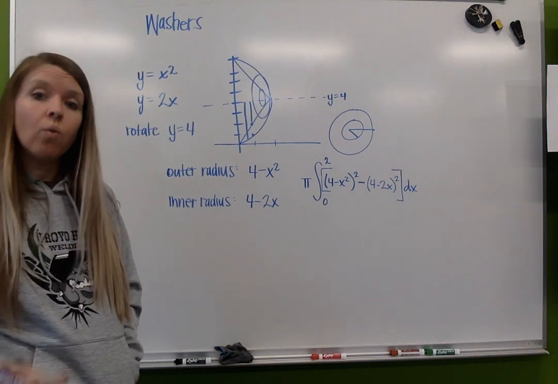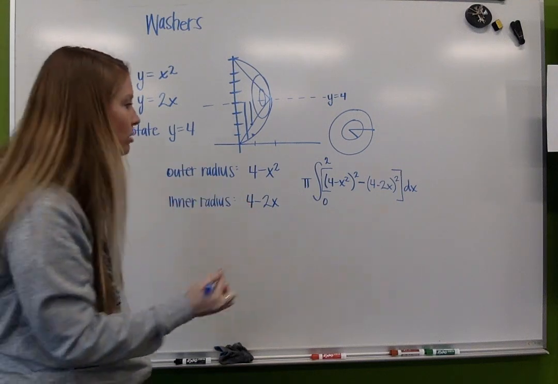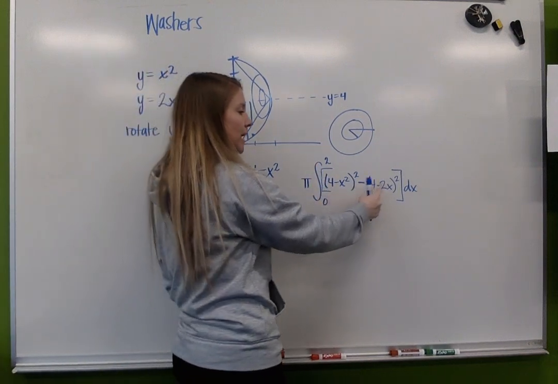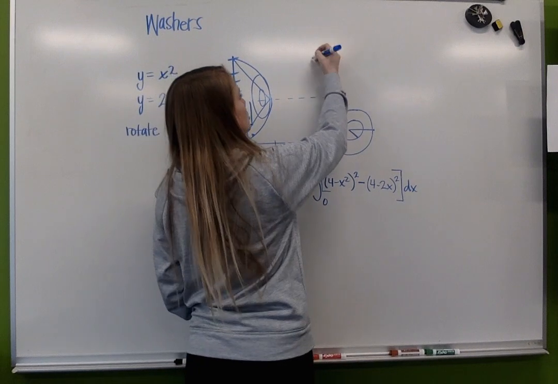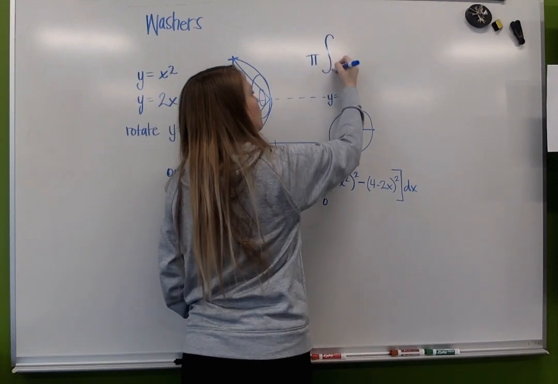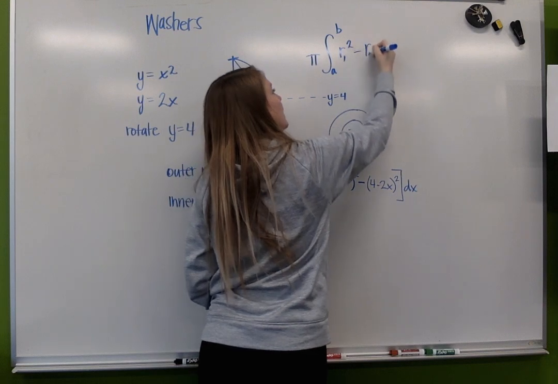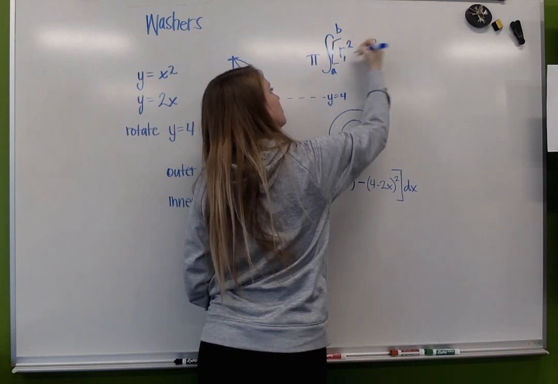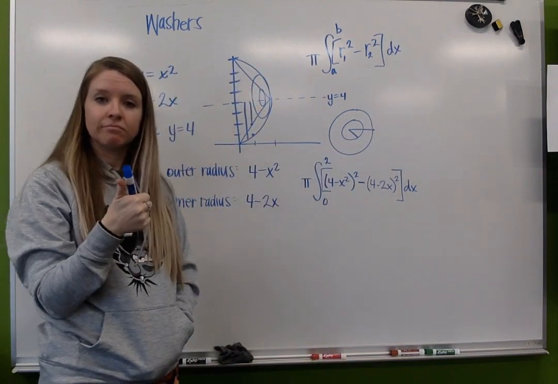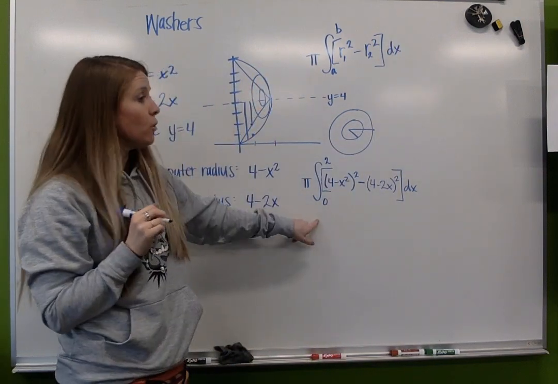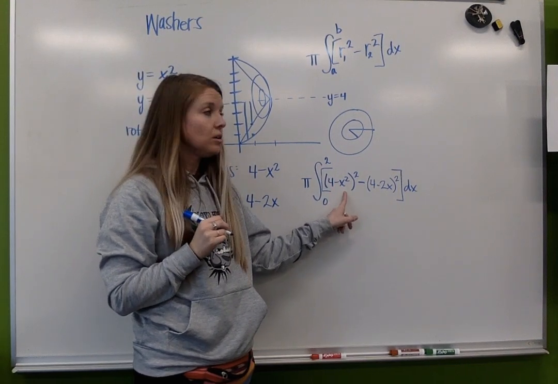So once we know what our radius is, all we have to do is set up our integral, outside circle minus inner circle. This shorthand, just so we can see that in general form, radius 1 squared minus radius 2 squared. Okay? If you were to solve this one out, you will have to FOIL this together.